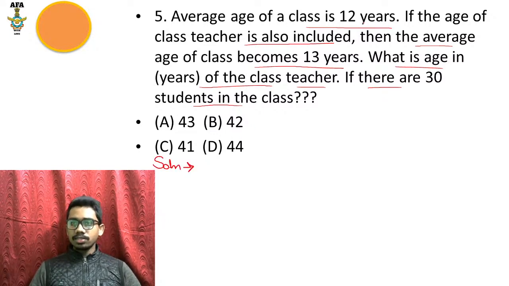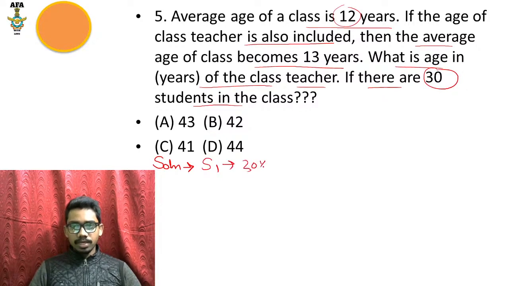Average age of a class is 12 years, and there are 30 students in the class. So the sum of the ages, S1, will be 30 into 12, which equals 360. And S2 will be how much?